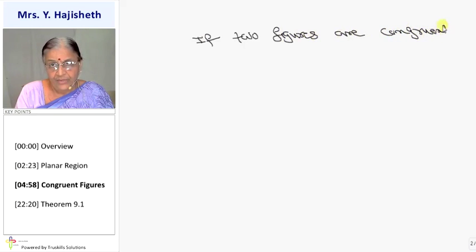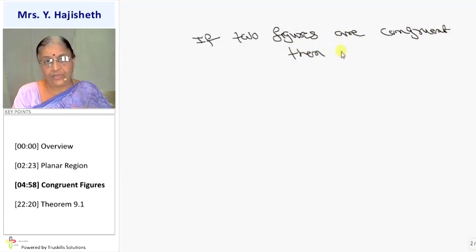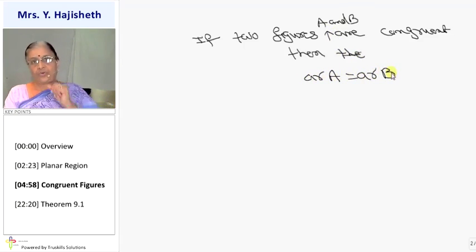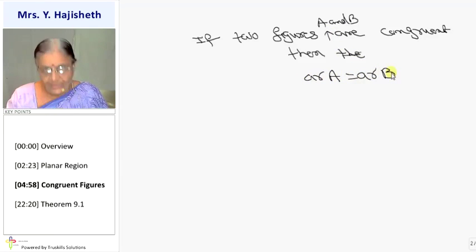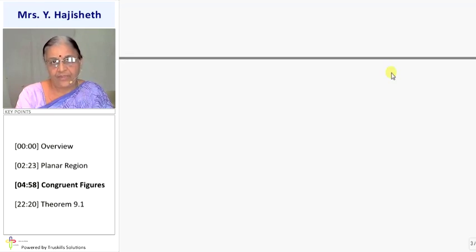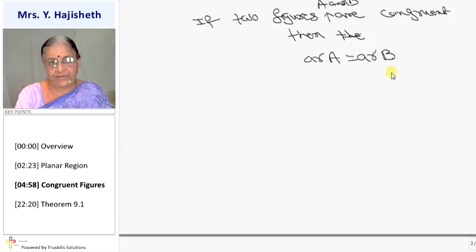If two figures A and B are congruent, then area of A is equal to area of B. That we have learned in our previous chapter.